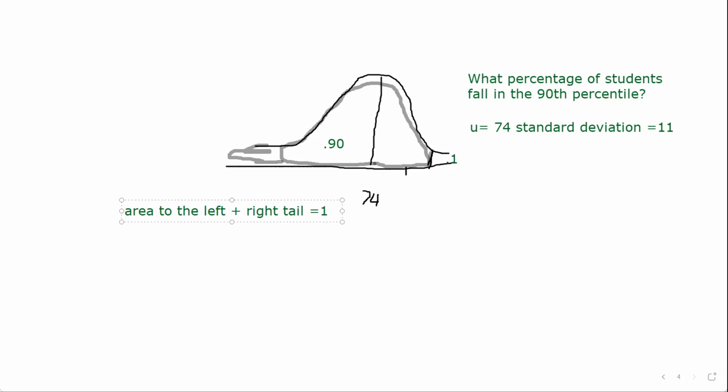Or she'll write area 1 plus area 2. This whole area is area 1, and this tiny piece here is area 2. Area 1 plus area 2, and remember, area 2 is 0.1, and that's equal to 1. So you'll see her write area 1.